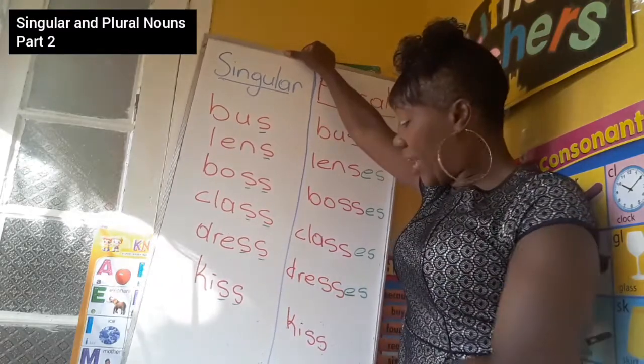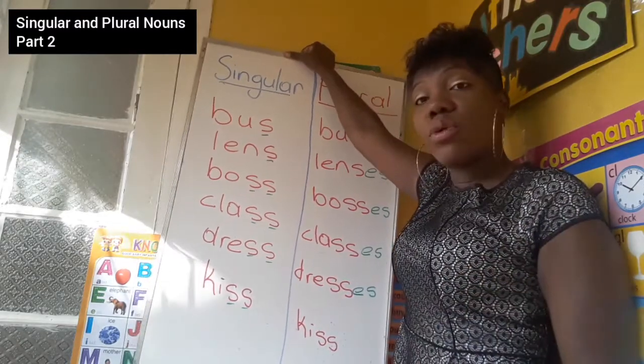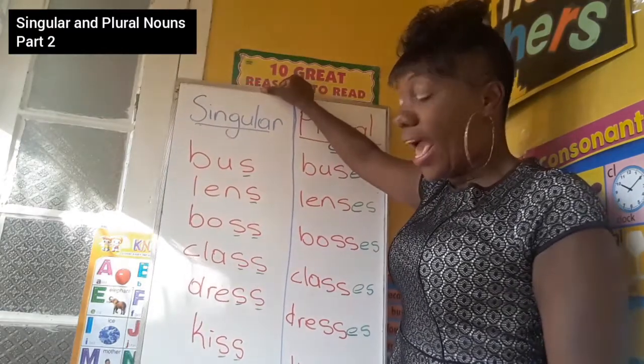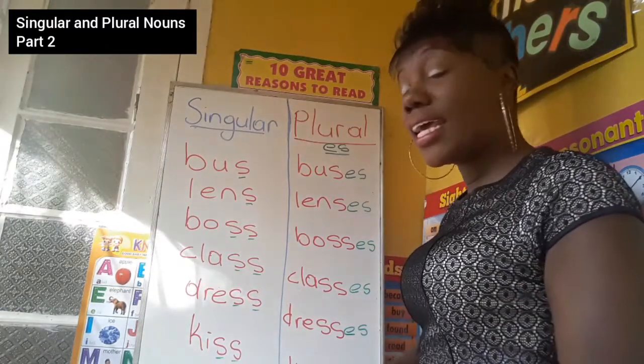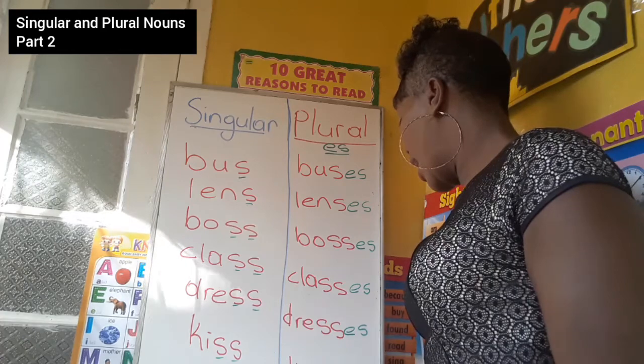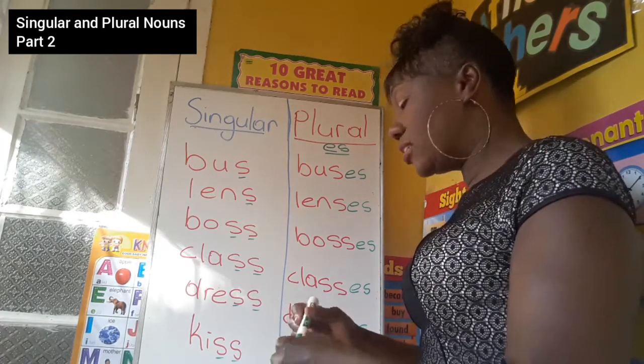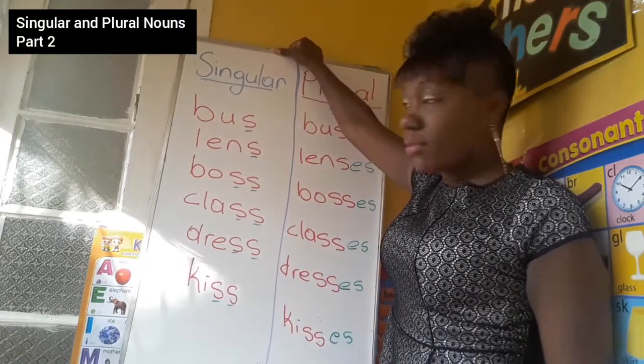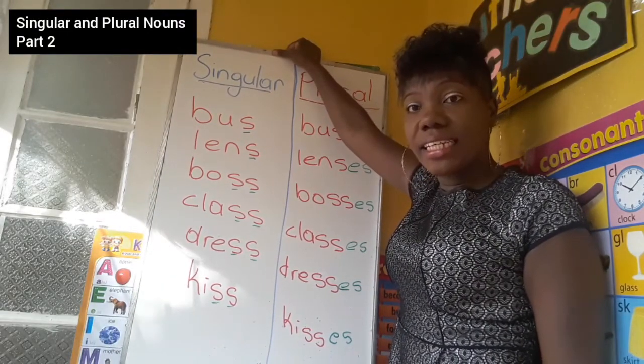To make kiss plural, what are we going to add? ES. And it is now kisses.